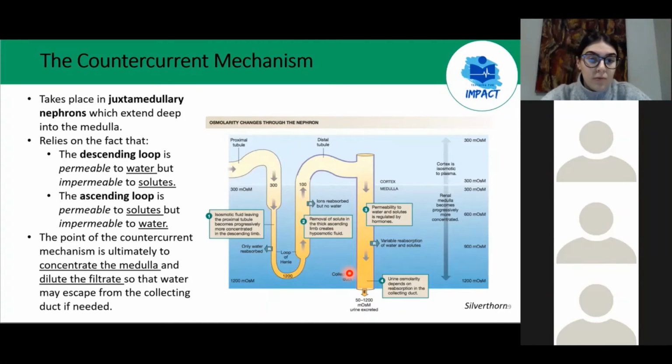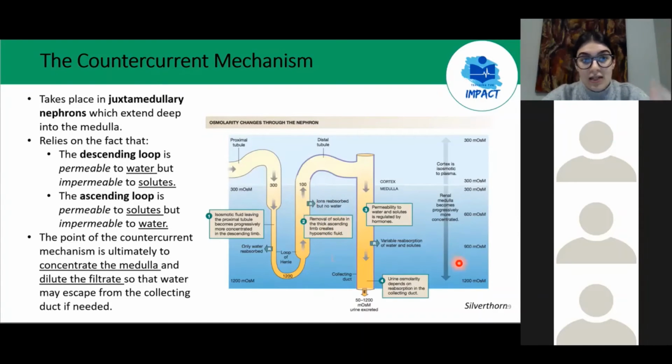However, water can't follow because this part of the tubule is impermeable to water. Remember, when we have something that's very hyperosmolar, water automatically wants to follow it to try and decrease the osmolarity. But water can't follow because this is impermeable to water.